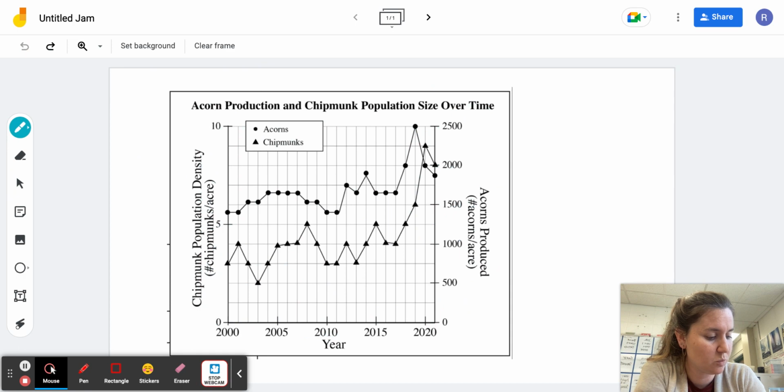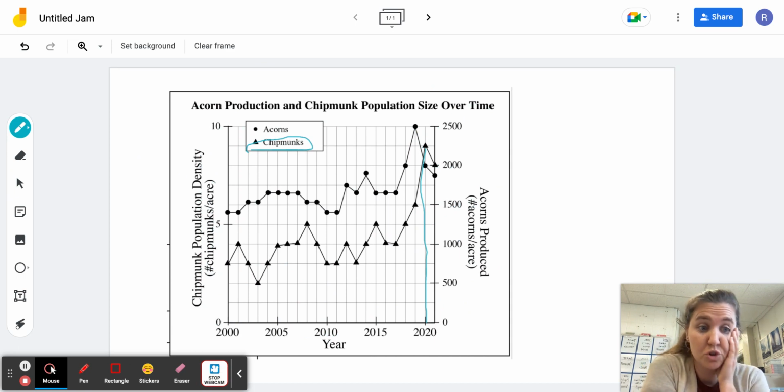Six, in which year were the most chipmunks living in that area per acre? So we go to the chipmunks, which is the triangle. We want to find when there was the most chipmunks living there, and we see it here in the year 2020.